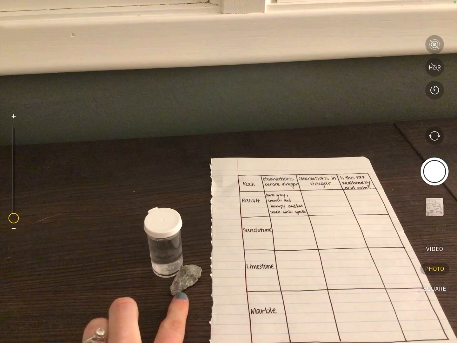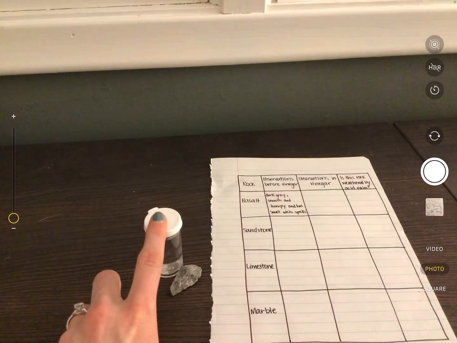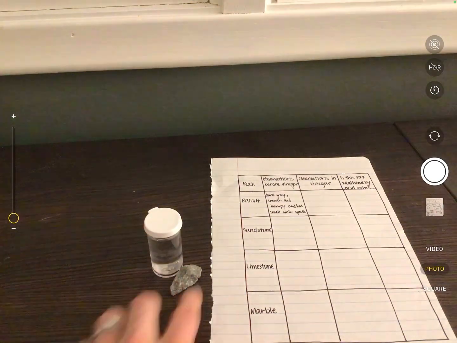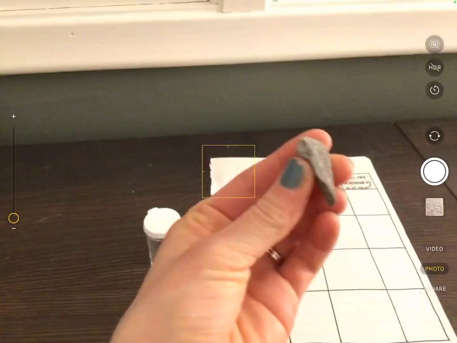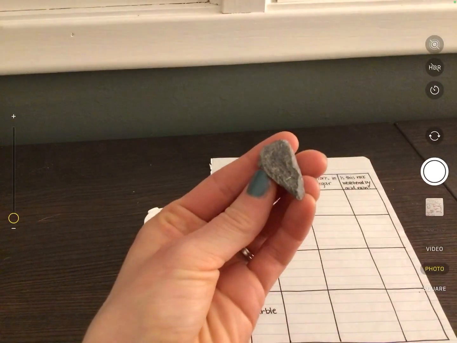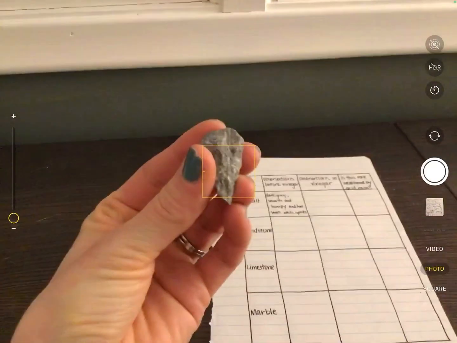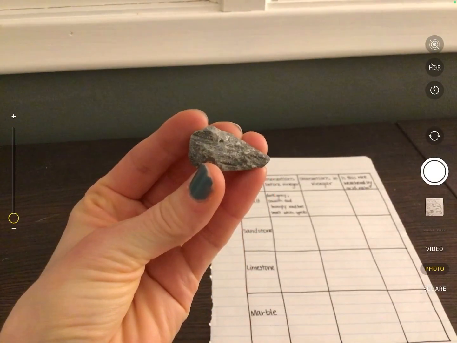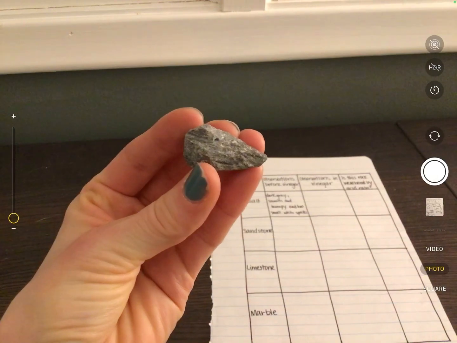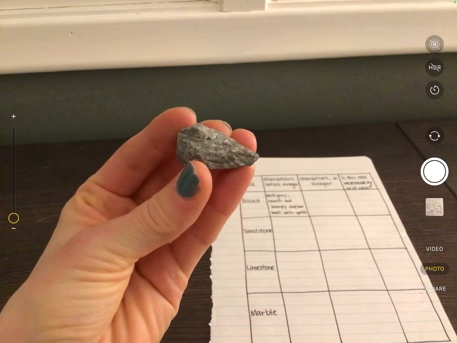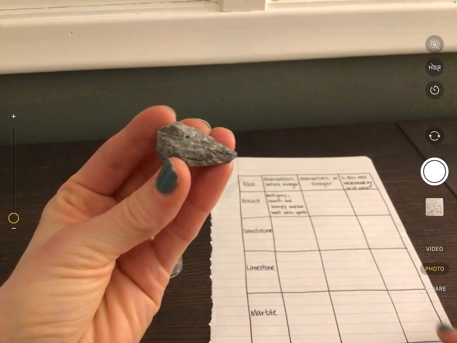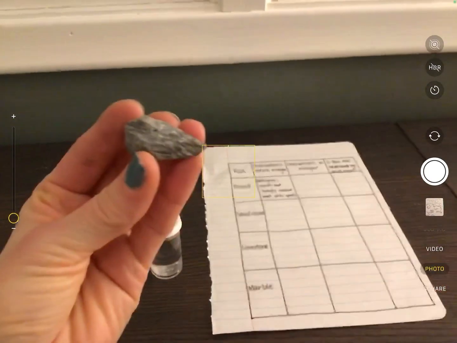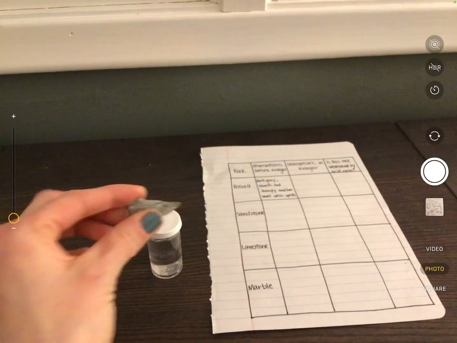Before putting this rock sample into the vinegar to see what happens when acid rain comes in contact with basalt, let's talk about what we will be looking for. The process that causes chemical weathering is something called a chemical reaction. That is one of the words, well, it's actually two words, in your word bank for this lesson.